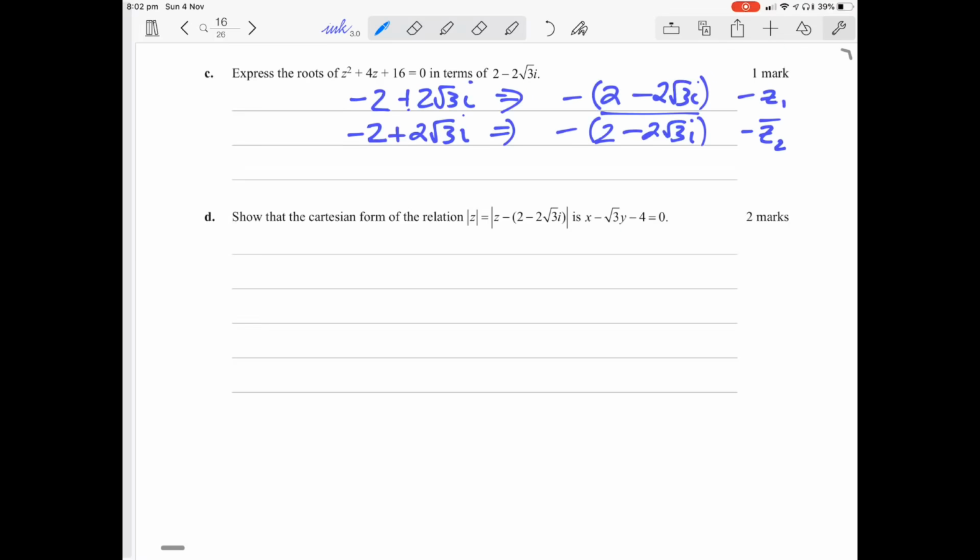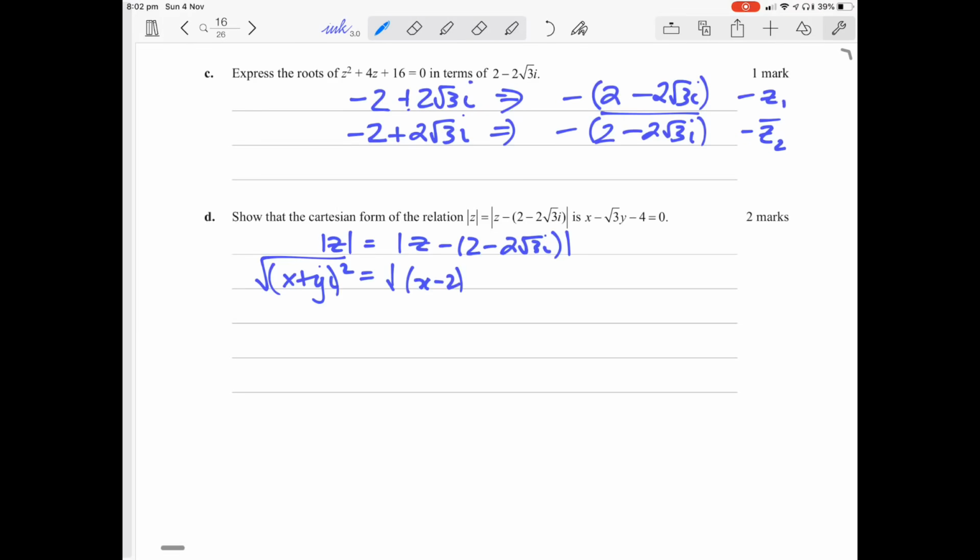Okay, show that the Cartesian of the form that, or the relation that, is that. Okay, so mod z is equal to z minus 2 minus 2 root 3i. Okay, x plus yi squared is equal to, okay, x minus 2.